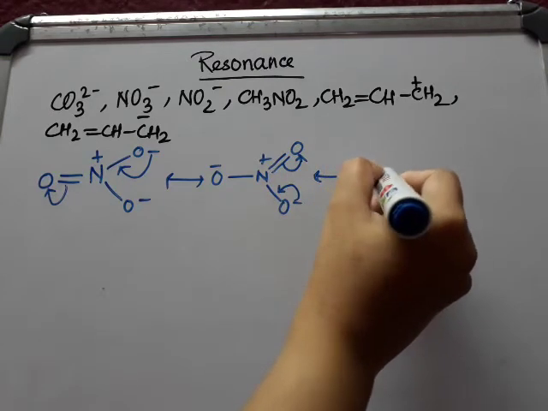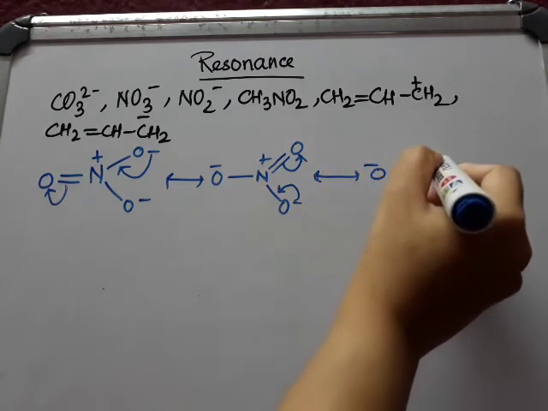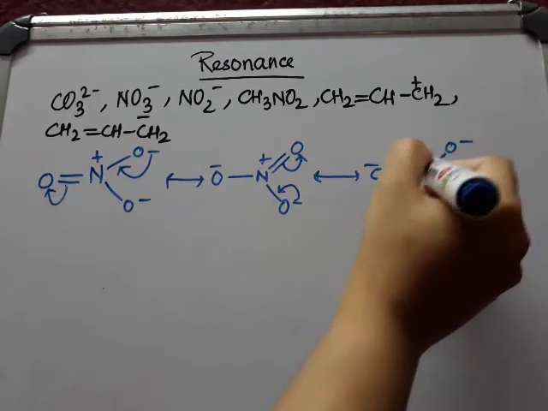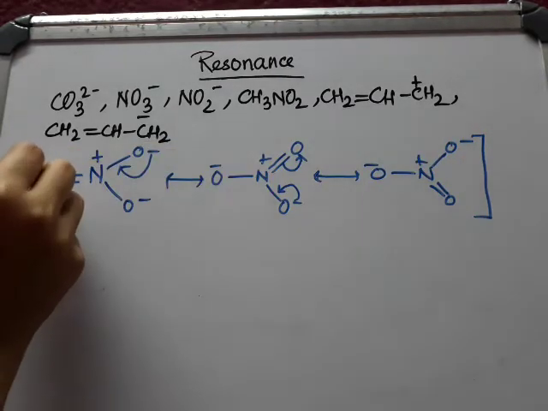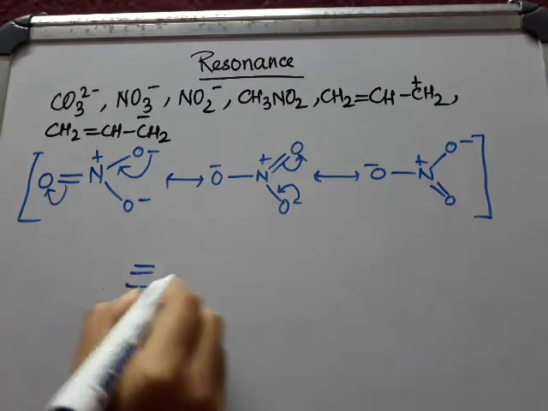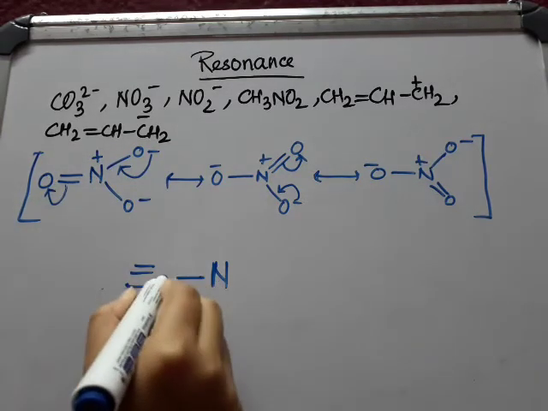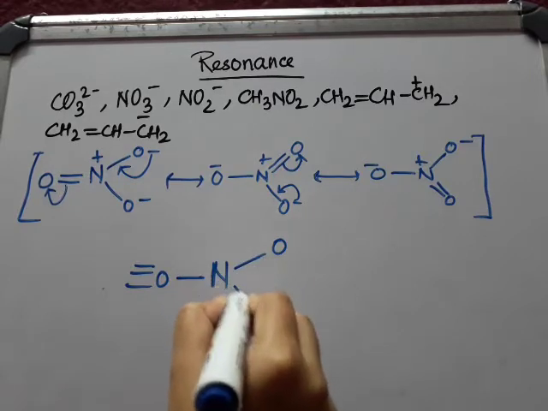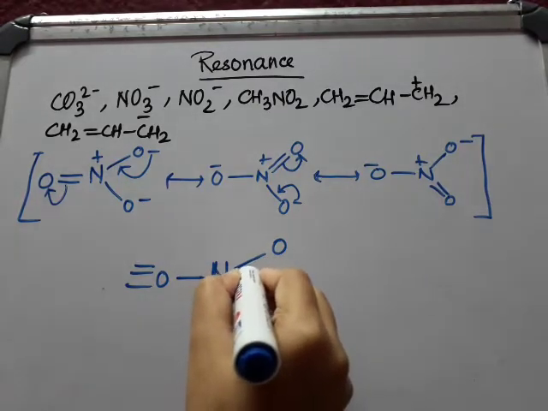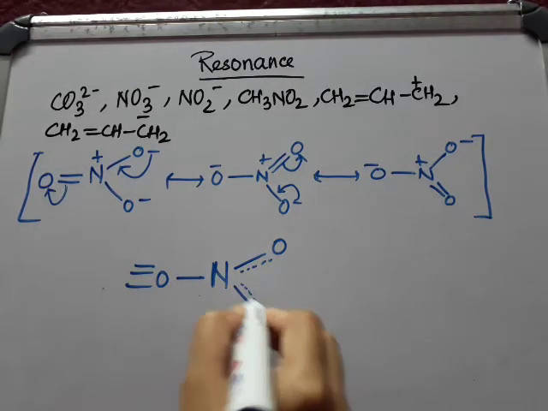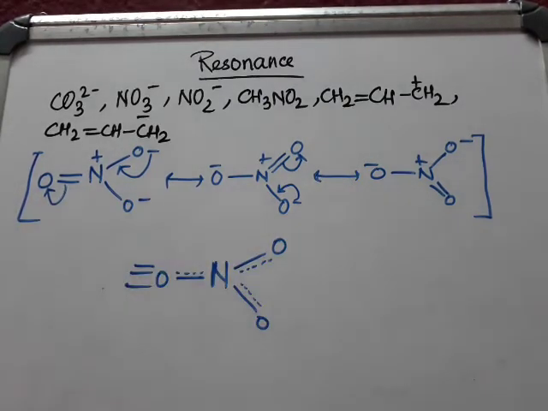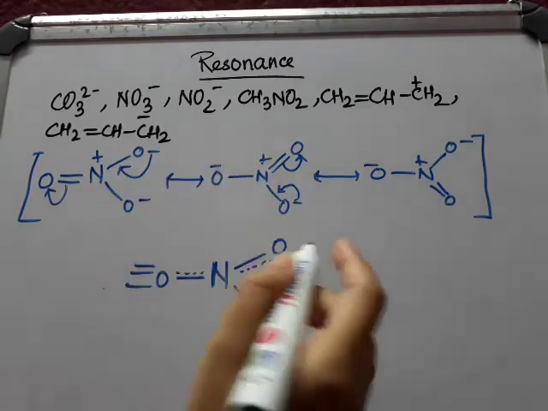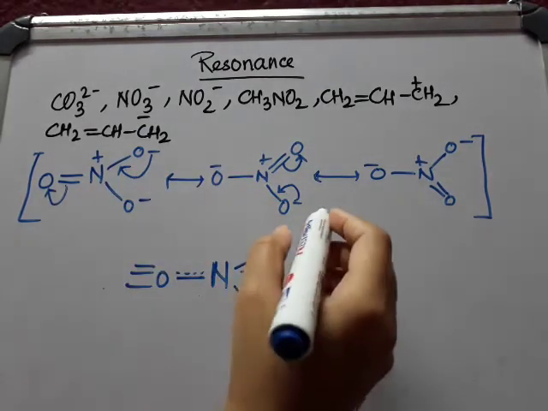Same thing is possible with this negative charge. So, another canonical structure is this one. Clear? So, the resonance hybrid looks like this. Each of them has double bond character, and 2 units of negative charge are distributed among 3 oxygen atoms.